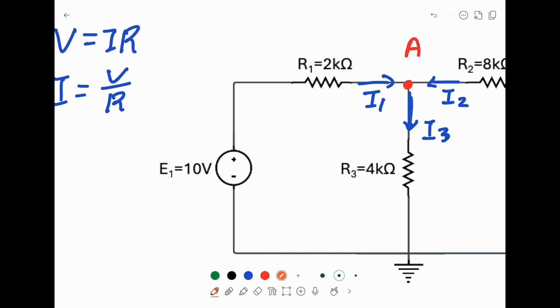If we look at I1, we first assume the voltage at A is VA. On the other side of R1, this should be 10 volt. So the potential difference across R1 is 10 minus VA.